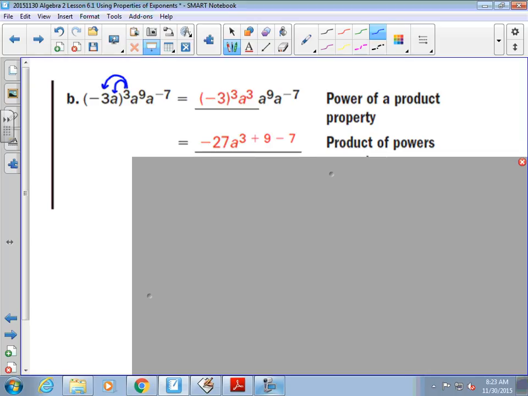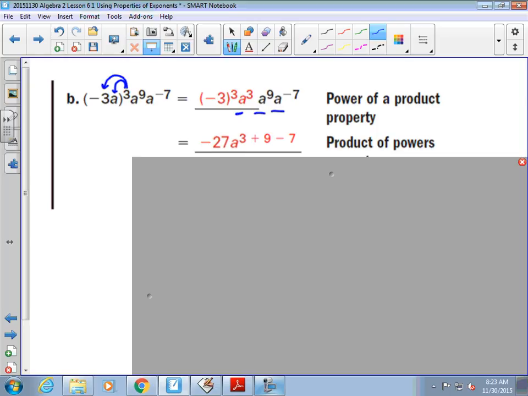Negative 27. Notice all of your a's as bases, a, and a, and a. All of them are the same, so you add the exponents. 3 plus 9 minus 7. But you're thinking to yourself, wait, you just said to add the exponents. Why are you subtracting 7 there? Because adding a negative value is the same thing as subtracting.